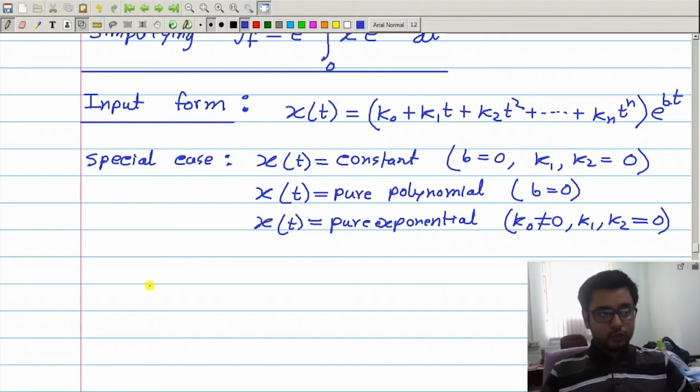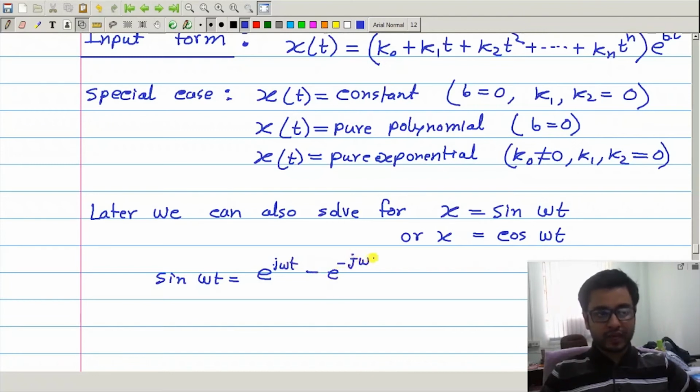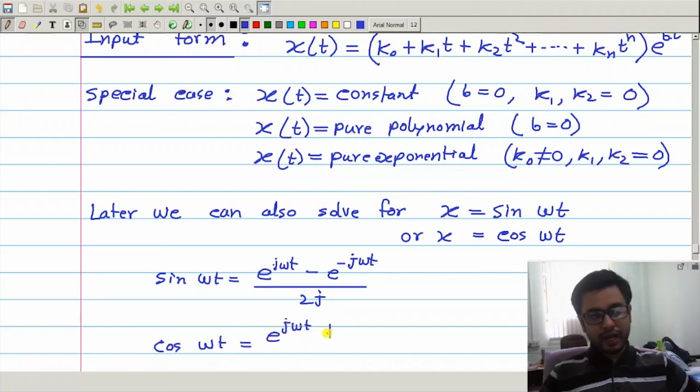Later, we can also consider sinusoidal inputs, and that is because we know that sine omega t is equal to (e to the power j omega t minus e to the power minus j omega t) divided by 2j, and cosine omega t can be written as (e to the power j omega t plus e to the power minus j omega t) divided by 2.